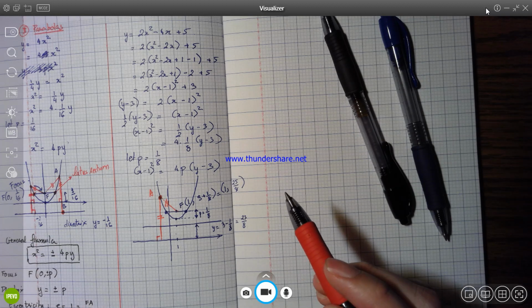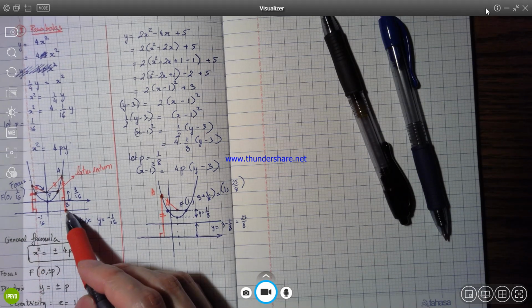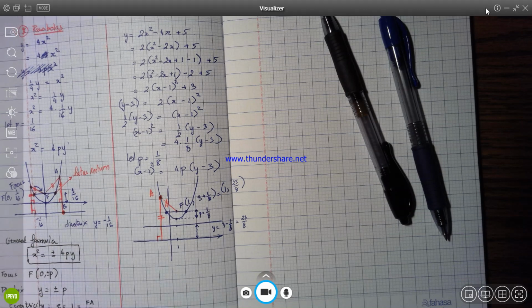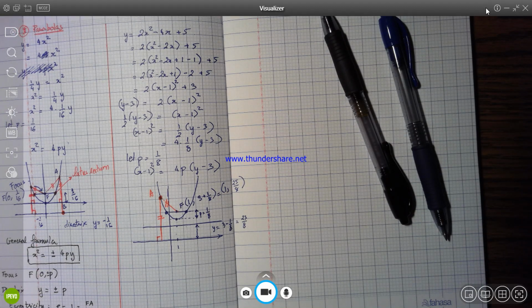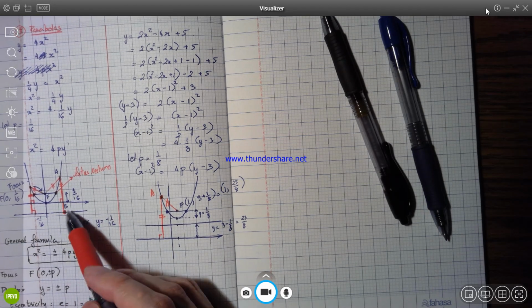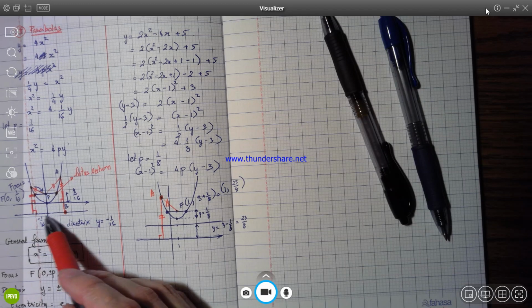I'm sorry for this. It should be all the way down here, so the B value is not here, it's all the way over here. Okay. Yeah, my picture is not good. That's why I thought this was the directrix, but the directrix is right here.